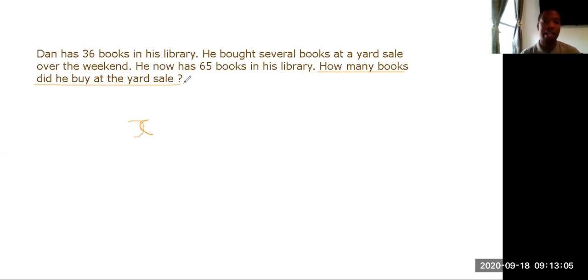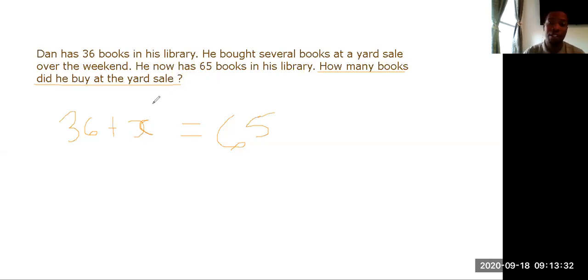All right. So Dan has 36 books in his library, right? So he started out with 36 books, and then he went to the yard sale and bought X amount of books, and now he has 65 books. That's all it's saying. And X represents how many he bought at the yard sale.